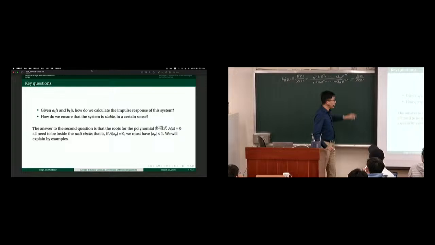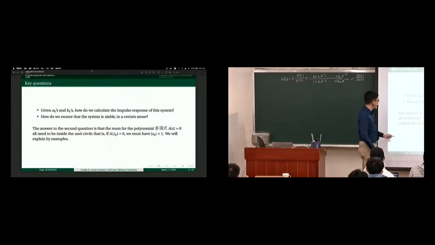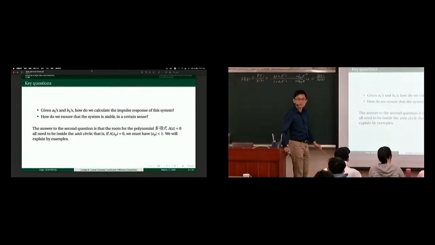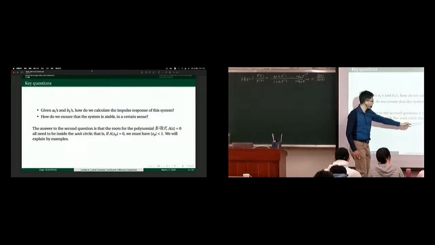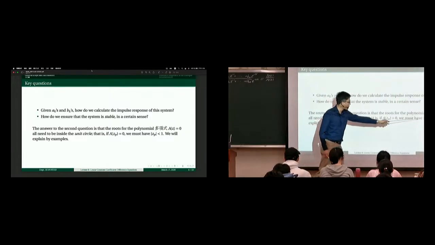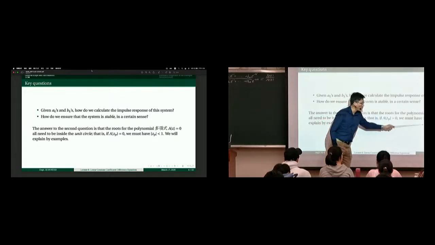And we want to ensure that all the roots are inside the unit circle. Okay, that's the criterion for a system to be stable in a certain sense. The conclusion is checking the roots. You check every one of them to see if it is inside the unit circle. If Zp is a root of A of z, then all of those roots should be inside the unit circle.